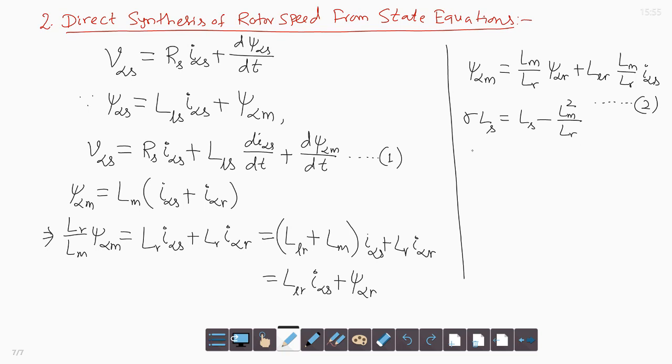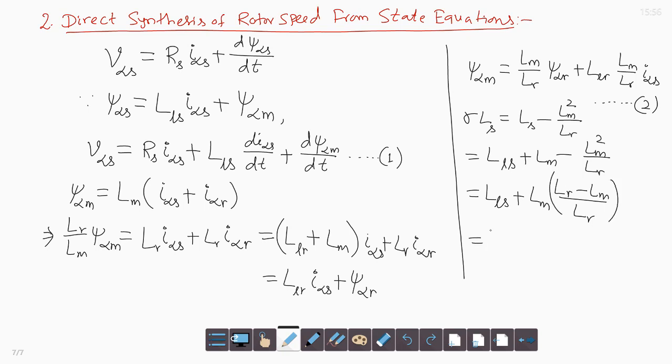So, the stator self inductance is Lls plus Lm, then minus Lm square by Lr. So, this is leakage inductance Lls plus Lm into (Lr minus Lm) by Lr.